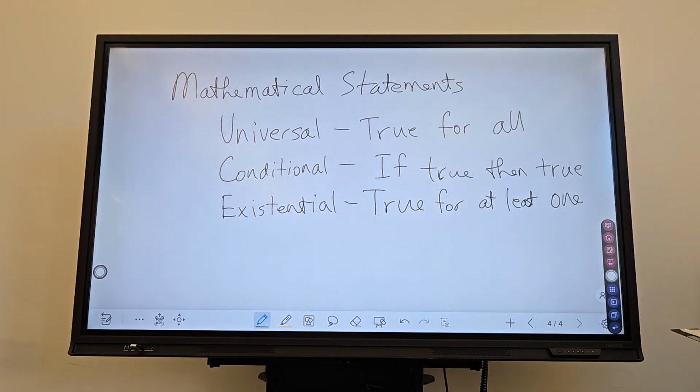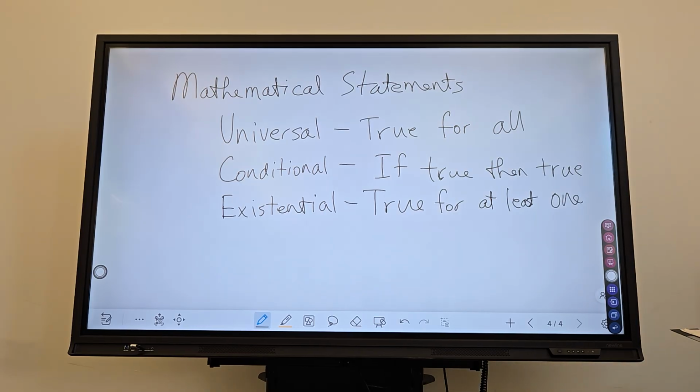If that statement is true, I haven't done the math to figure out whether it is, then that would be an existential statement, because it's obviously not true for all real numbers. 2 squared plus 2 squared is not equal to 2 plus 2 squared, as an example.